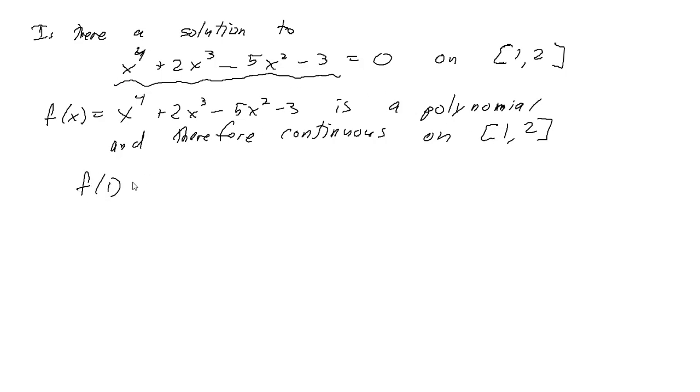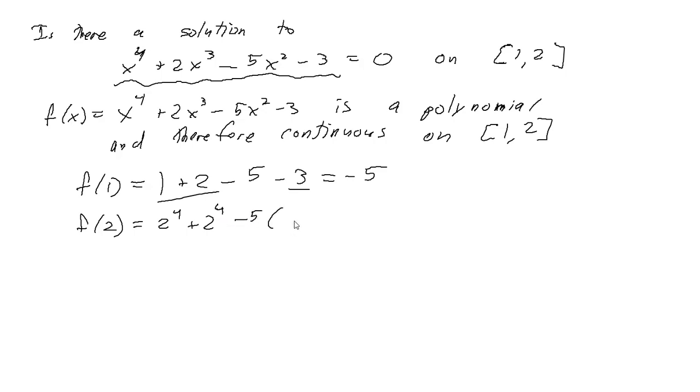So we're going to find f of 1, and that would be 1 to the fourth, which is 1, plus 2 times 1, or 2, minus 5 times 1 squared, or 5, minus 3. This is going to be 3 minus 3, which is 0, minus 5, so negative 5. And then we want to find f of 2. So f of 2, we're going to have 2 to the fourth plus 2 times 2 cubed, or actually that's going to be 2 to the fourth again, minus 5 times 2 squared, or 20, and then minus 3.